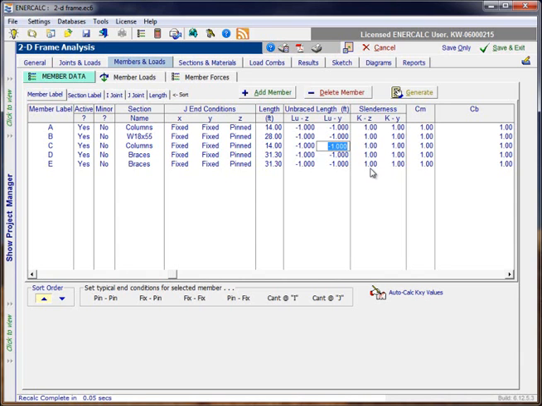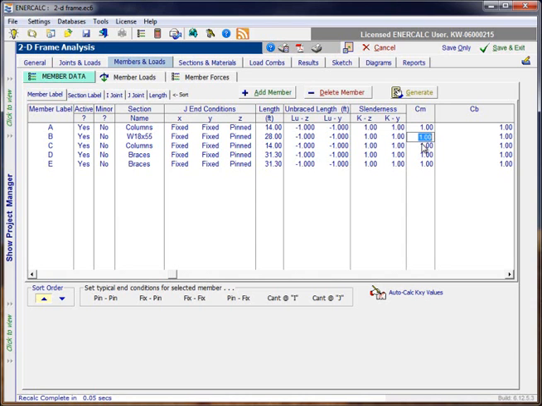Now, again, we can use nomographs to determine K factors or some other sort of analysis. I'll leave them all set to values of 1, but they can be edited as you see fit.